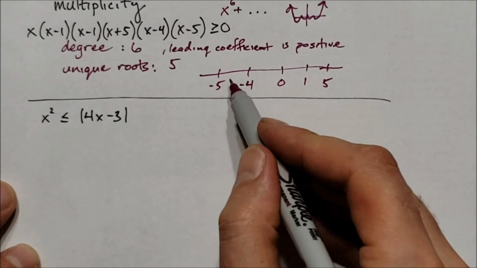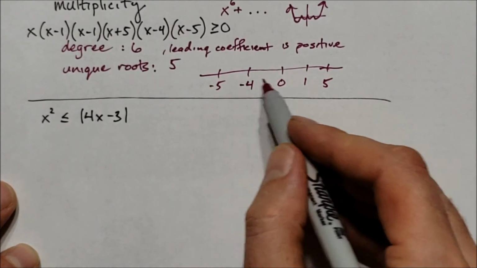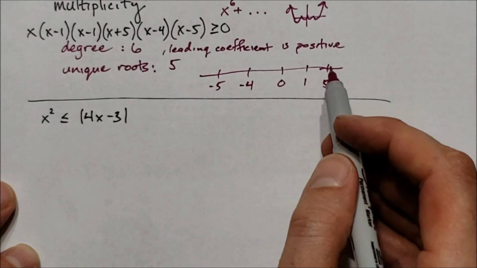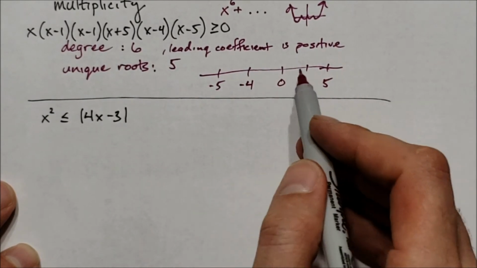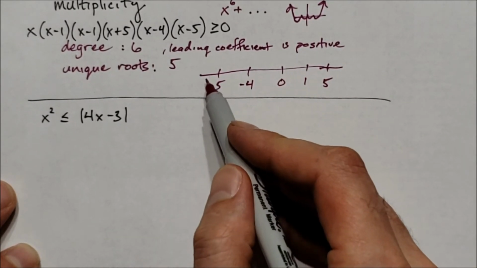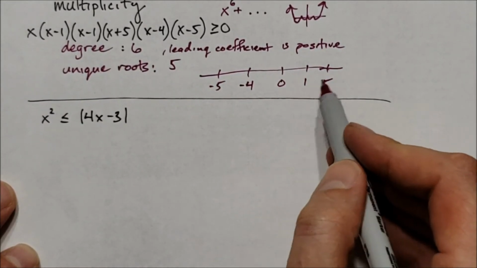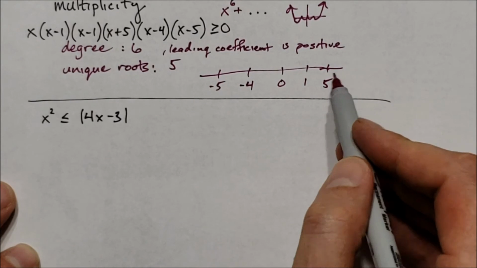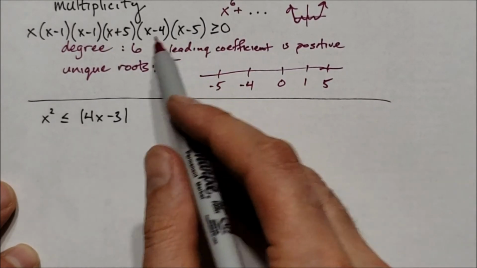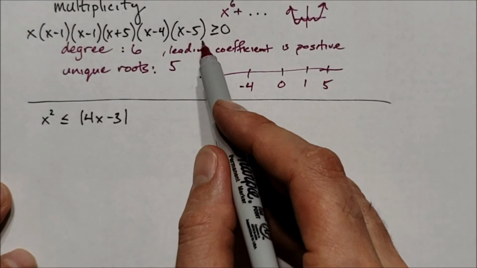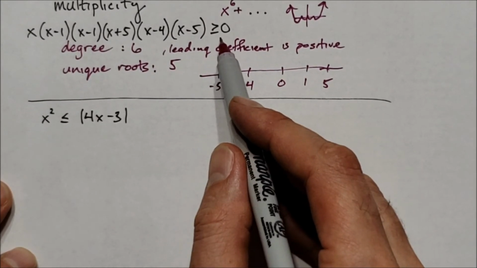Now these are going to typically alternate, positive, negative, right or wrong, true or false. If we take test points, say like -10, -4.5, -1, 1/2, 2, and 10, we can plug them into this large polynomial and see if that is greater than or equal to 0.